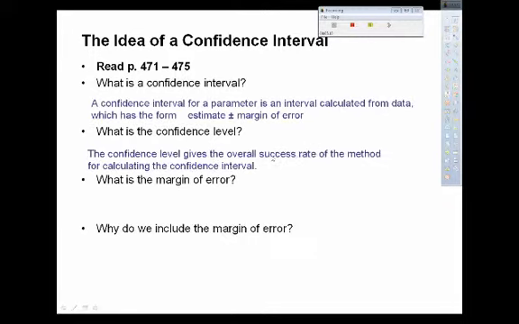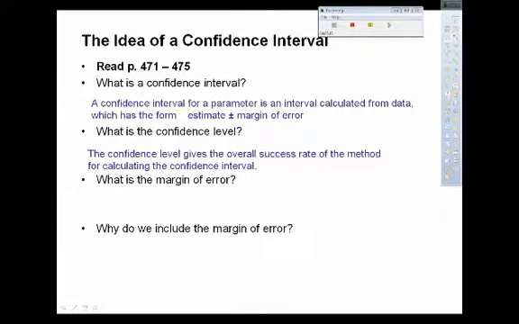The confidence level gives the overall success rate of the method of calculating the confidence interval. I'm 95% confident that my estimate will be within plus or minus my margin of error.